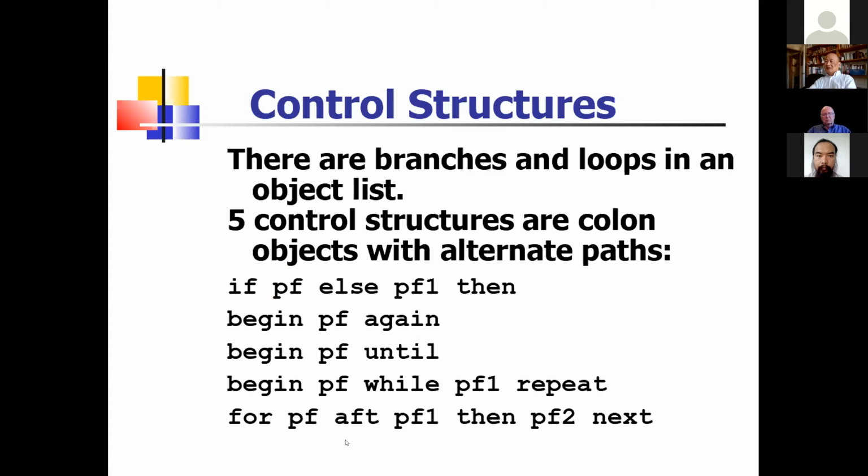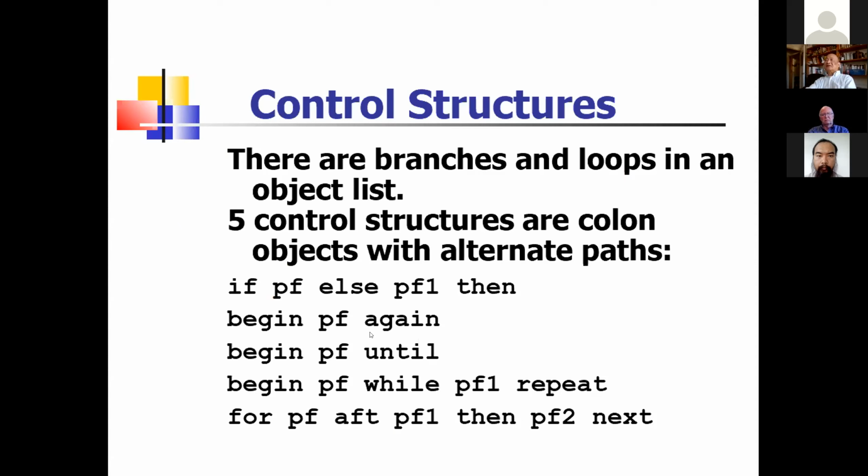The for after, then next has potentially 3 different sublists, and you can just execute them depending upon the conditions.